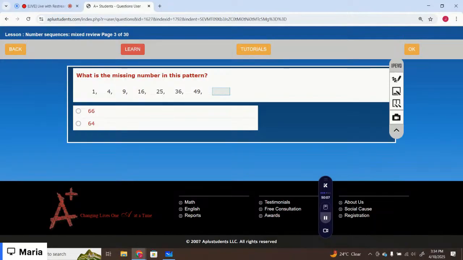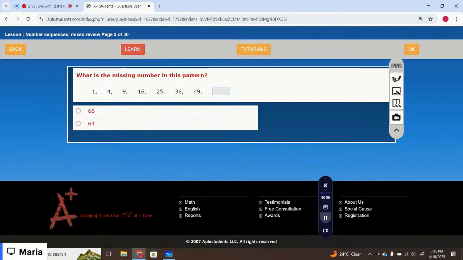What is the missing number in the sequence? 1 plus 3 is 4, 4 plus 5 is 9, 9 plus 7 is 16, 16 plus 9 is 25, 25 plus 11 is 36, and 13 you need to add. So 36 plus 13 makes 49, then 15 you need to add.